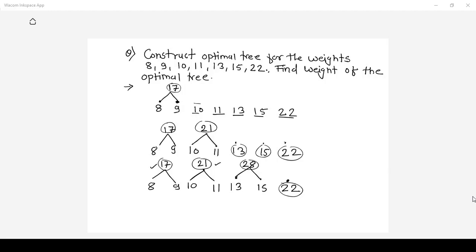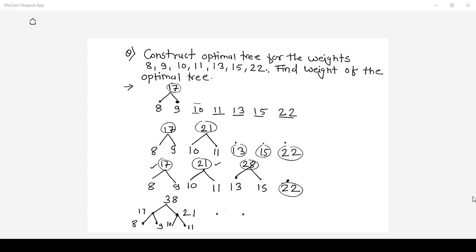We will add them, which gives you 38. 17 has two children, 8 and 9. 21 has two children, that is 10 and 11.